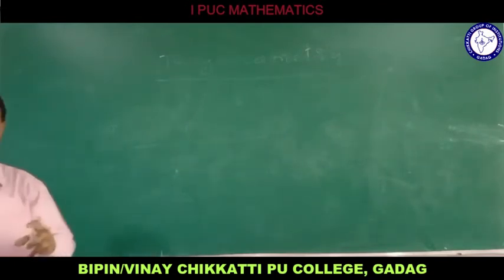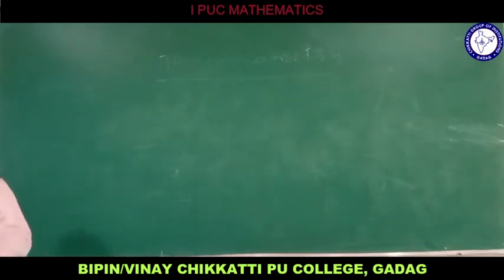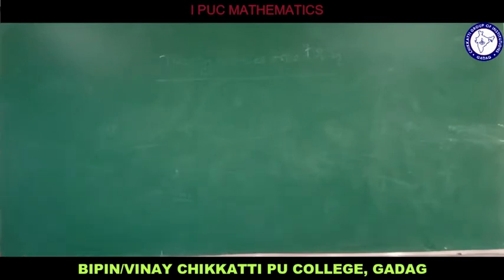Straight angle means what? 180 degrees. 1 right angle means how many degrees? 90 degrees. 1 straight angle is how many degrees? 180 degrees.